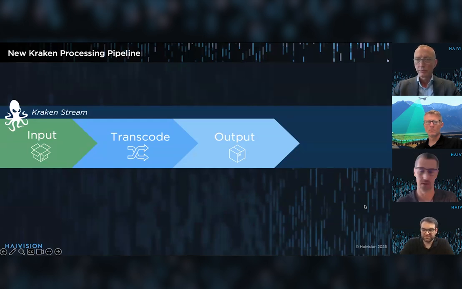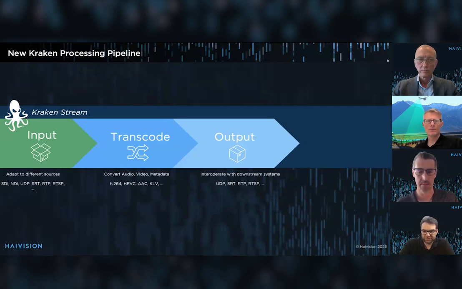So from an input, we can take any source, adapt, SDI, NDI, different types of physical or network-based inputs. We can route them to any type of output to be interoperable with downstream consumers over UDP, SRT, RTP. Pick your format and protocol that you're looking for.